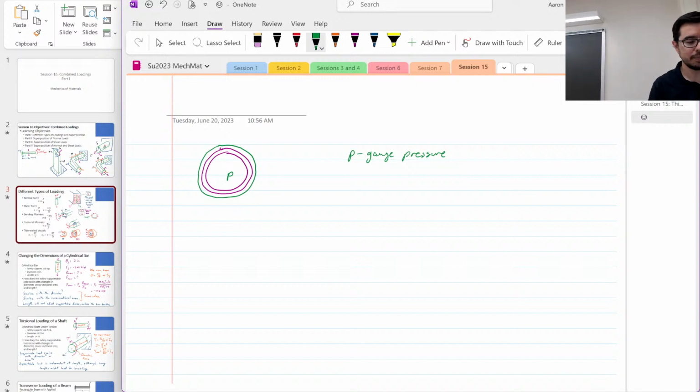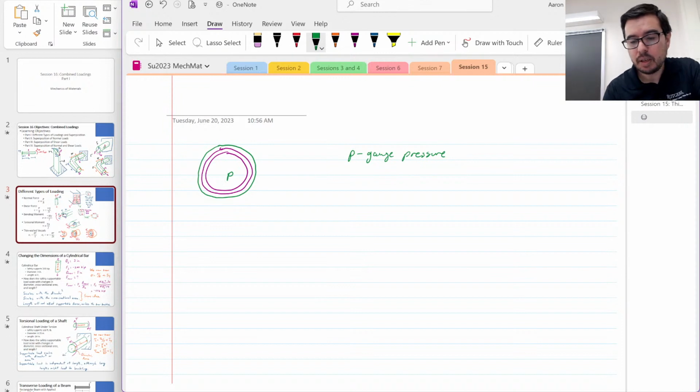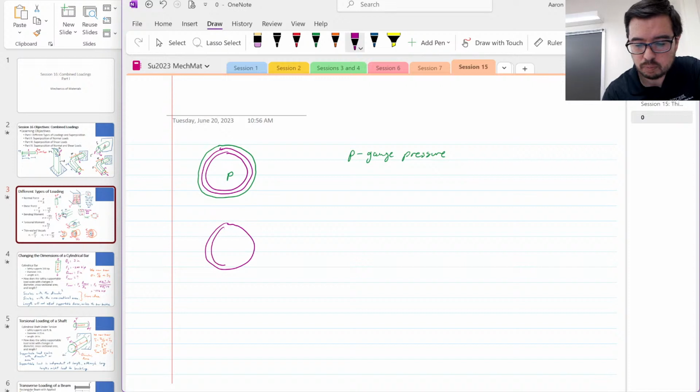So when we're looking at this, we then break it down into two problems, right? We have the internal one, and this one has a P on the inside, which is acting out.